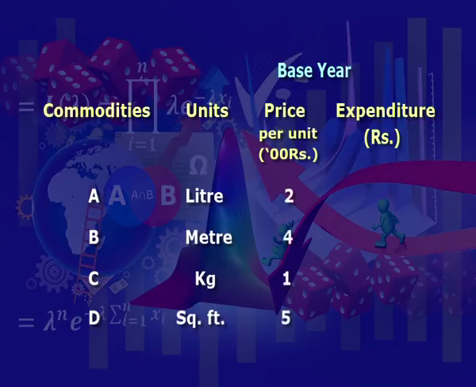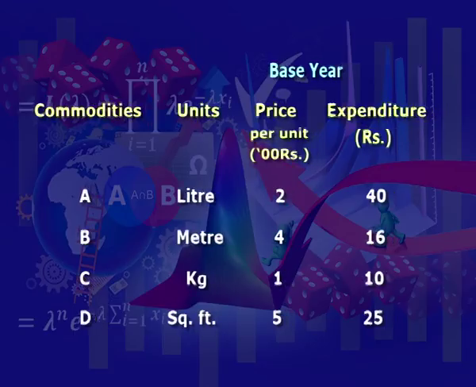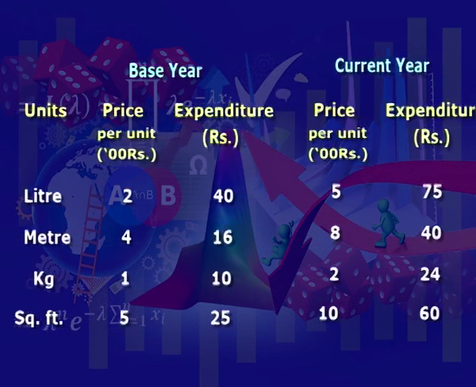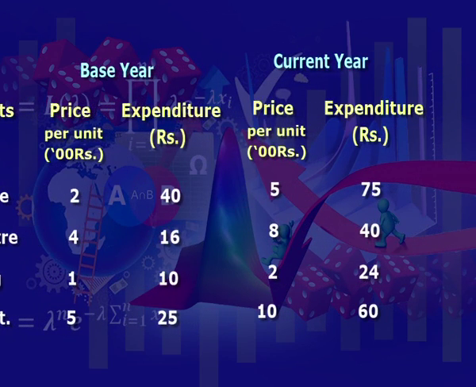Its price per unit is given in the third column: for A 2, for B 4, for C 1, for D 5, and the corresponding expenditures in rupees are 40, 16, 10, 25 in column number 4. Similarly, the price and expenditure for the current year are given in columns number 5 and 6.